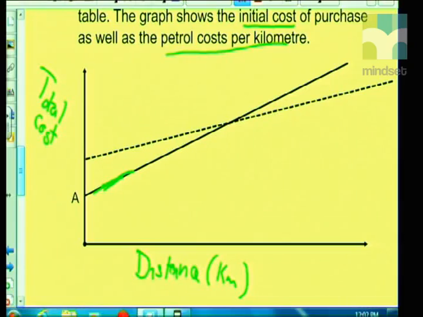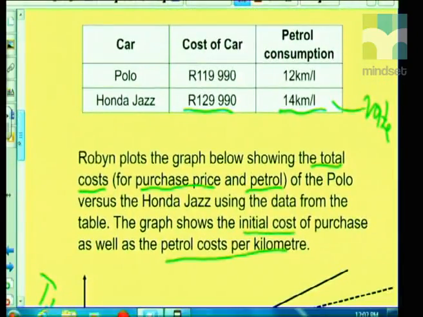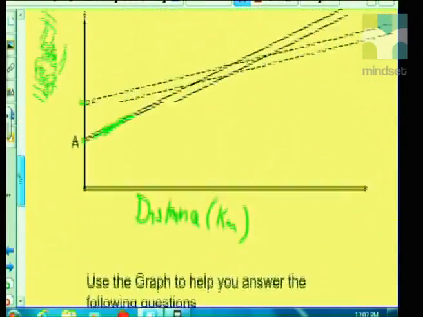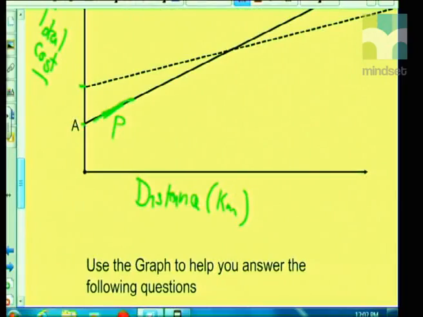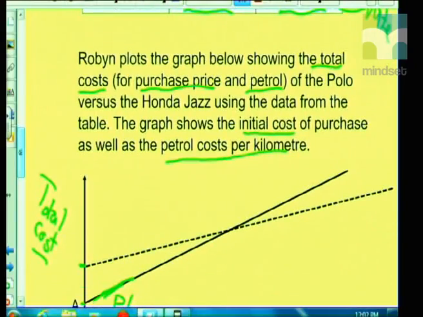So now we're going to say, well, this is total cost. What was the initial cost? The initial cost over there and over there. These are two different cars. Which one was the smaller price? There you go. The smaller price was the almost 20,000 Rand, 19,900. So this solid line represents the Polo, and the dotted line represents the Jazz.